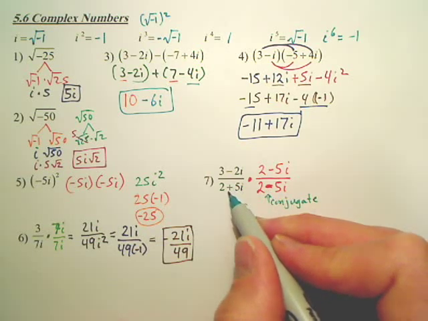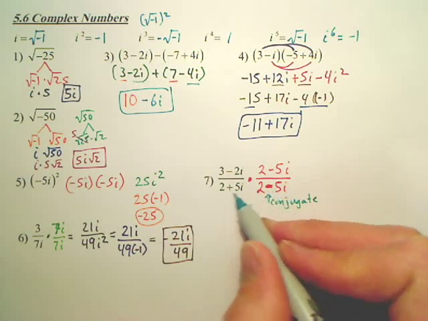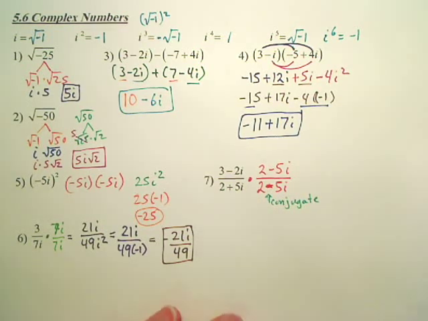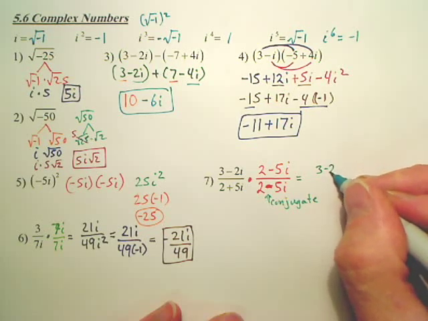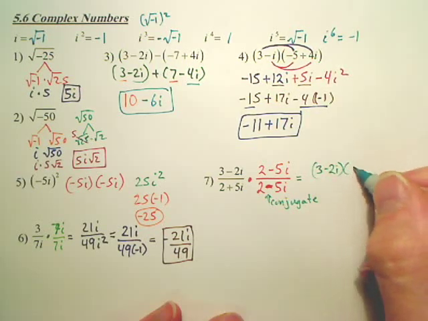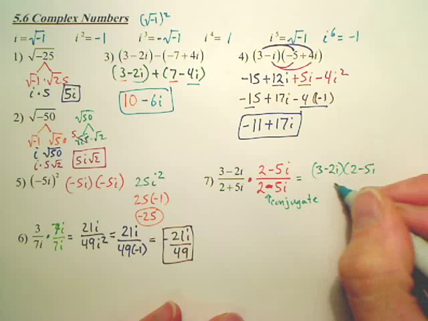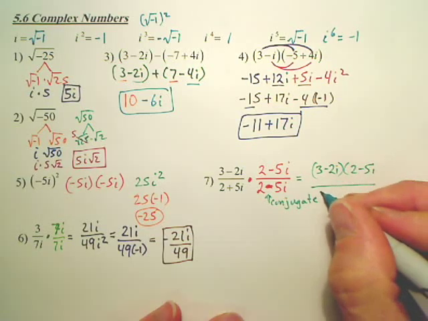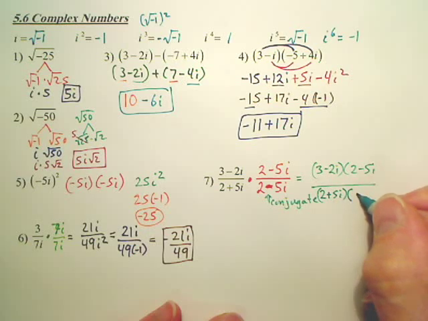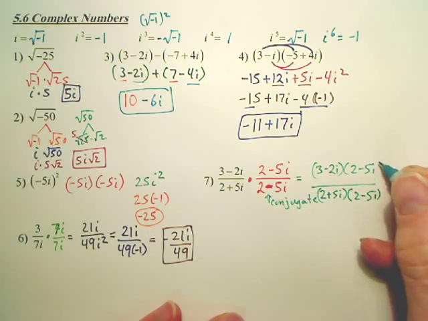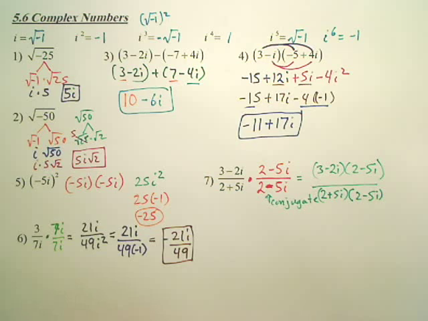If the bottom was a minus, I make it plus. It's like a difference of squares, which will make more sense with practice. Anyways, what I now have is this. I multiply top and bottom by that.